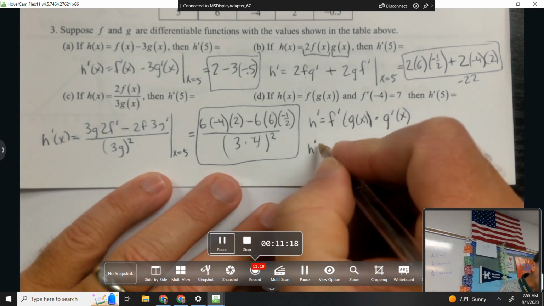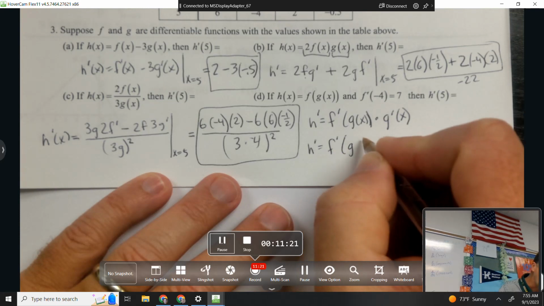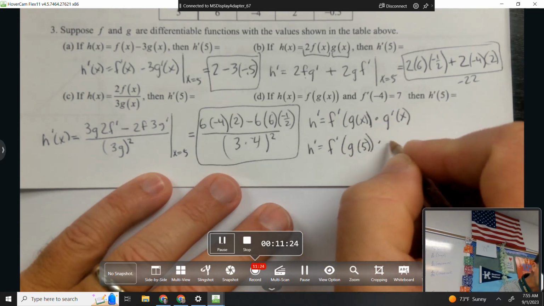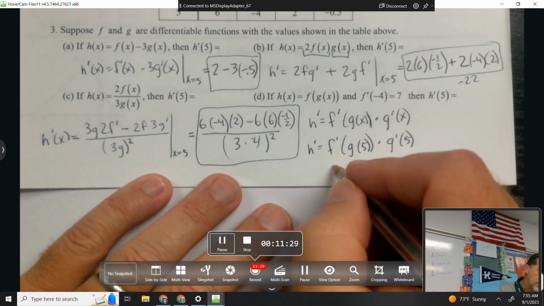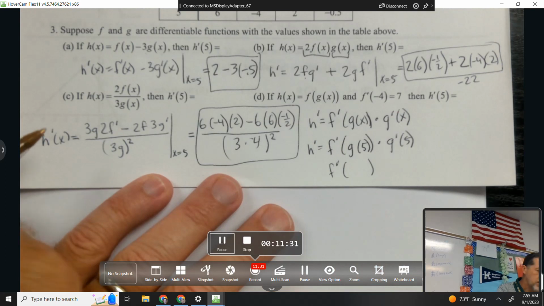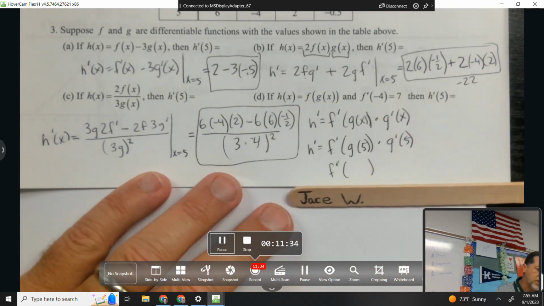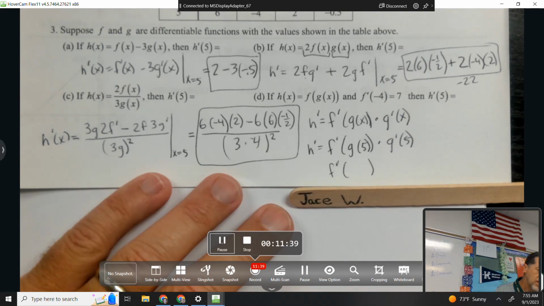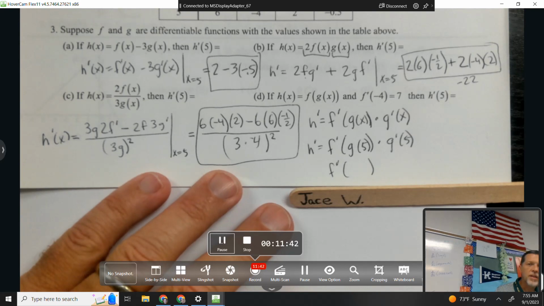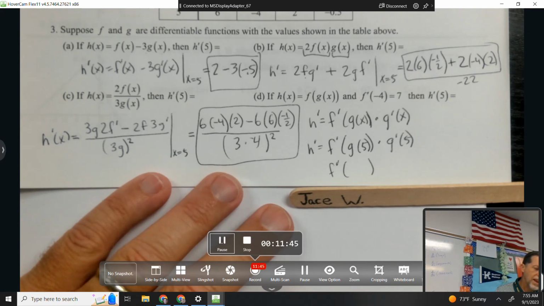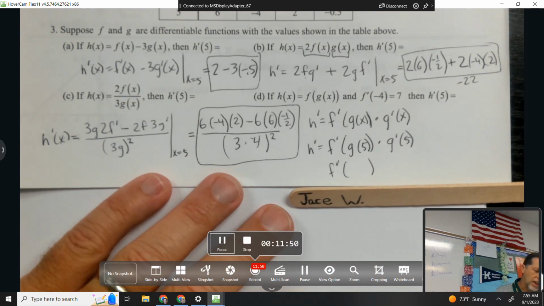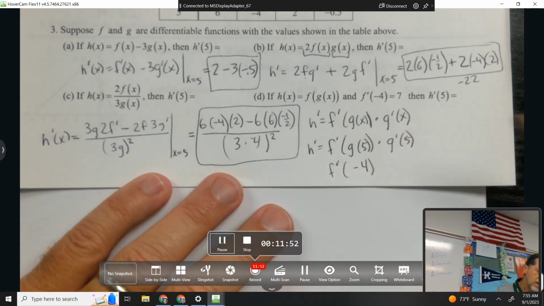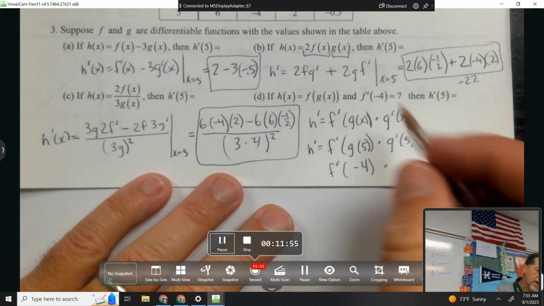Alright, plugging in 5 is a little trickier because of this nested stuff. So g of 5 times g prime of 5. So f prime of, so Jace, what's g of 5? So I want the value of g at 5. Negative 4. And then g prime of 5 is negative 1/2.